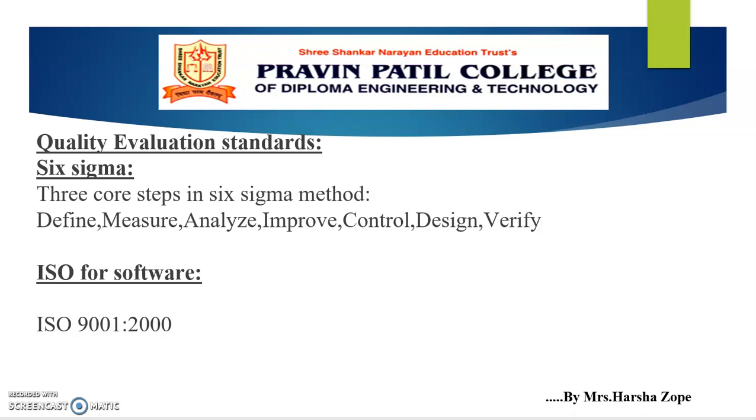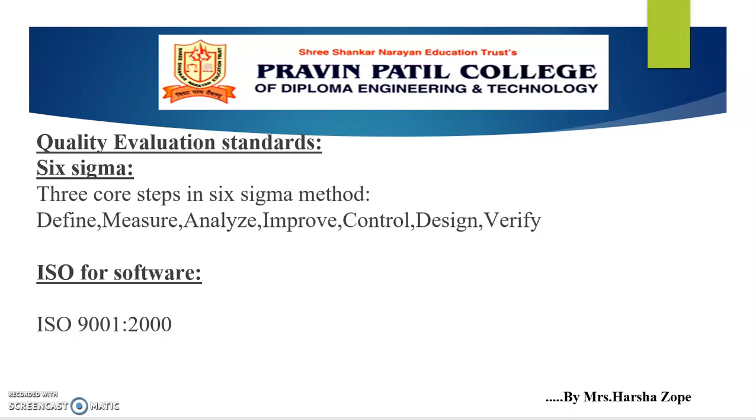Define: the customer requirements, project's goal, and deliverables are defined by communicating with the customer. Measure: the existing process and its output is measured in order to determine current quality performance.